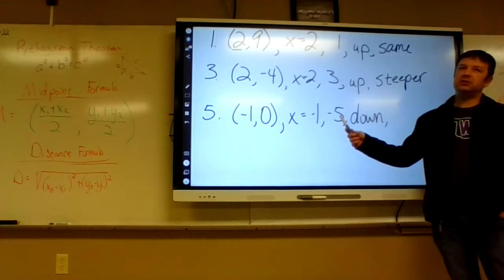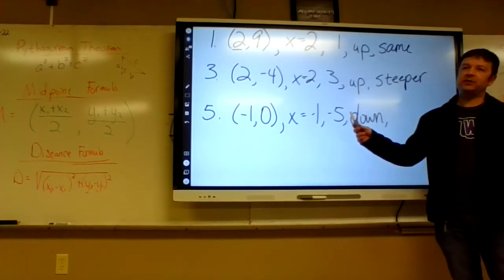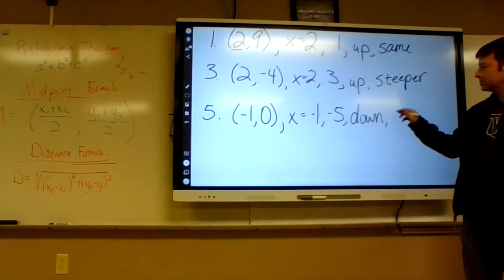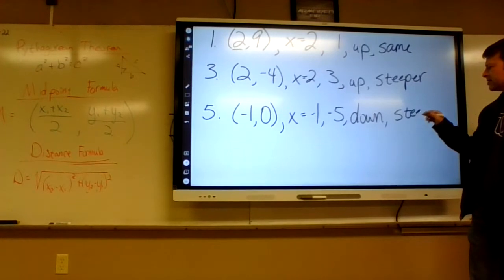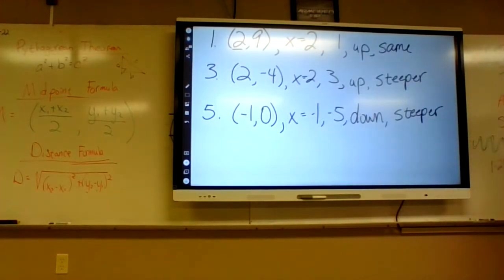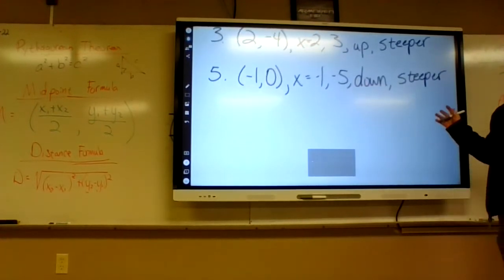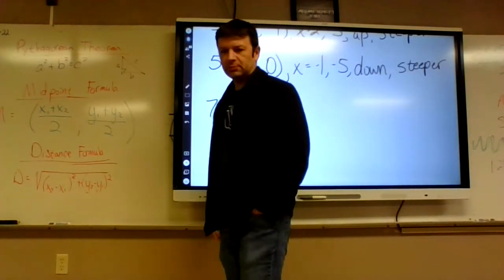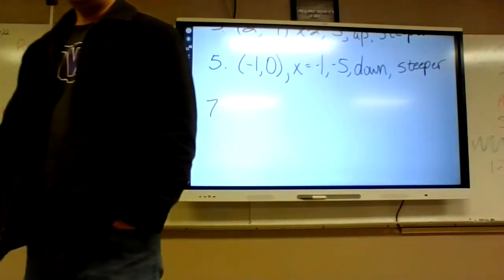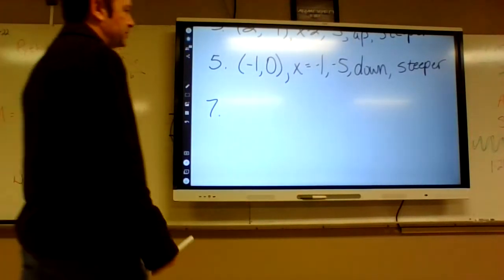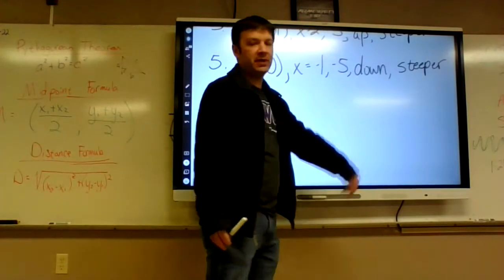The 5 in front is going to make it go steeper, 5 times faster, so it'll be really steep. Normally it would go up 5 times faster, but since the 5 is negative, it's actually going to go down 5 times faster.